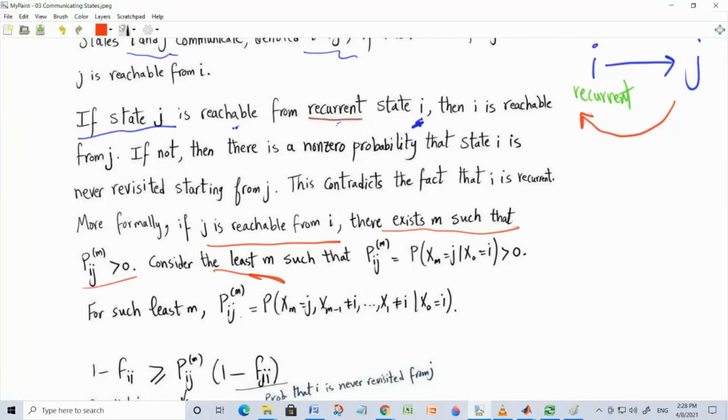You start in i, you are able to go to j, and because it's the least m, at no time step are you back in i, because if one of those is equal to i, then you can go from i to j in a smaller number of steps. So m can have many, perhaps an infinite number of values. Just take the minimum of them.